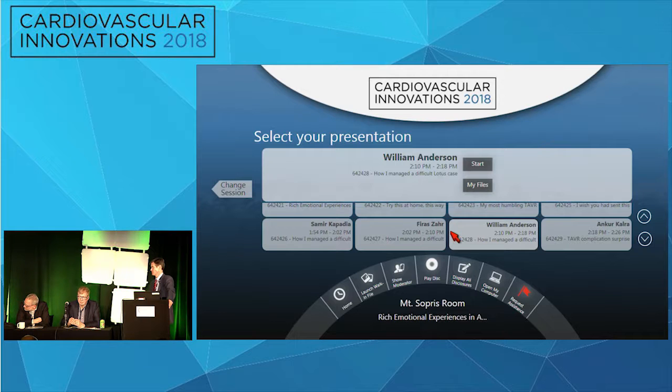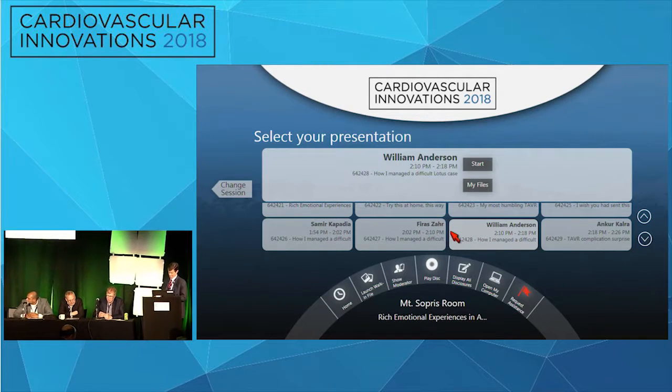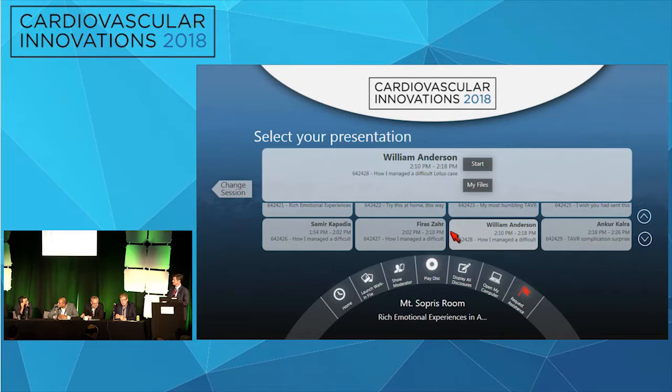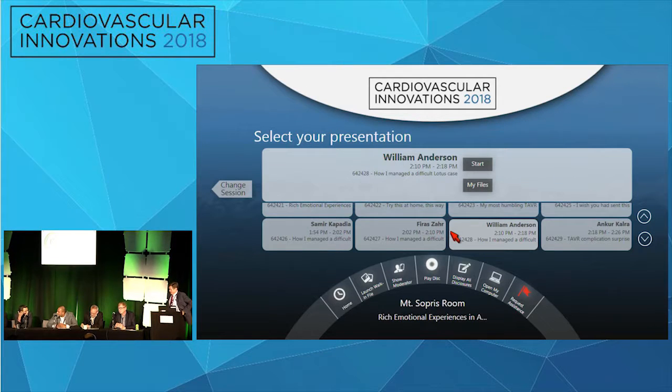But my point is, it's not very easy. This was an extreme case. But you can have intermediate cases where you can have a leaflet which is close enough to the left main, but not quite inside of it, and you don't know what to do, and most of the time they do fine. So there is no real good reason to stent all of those.